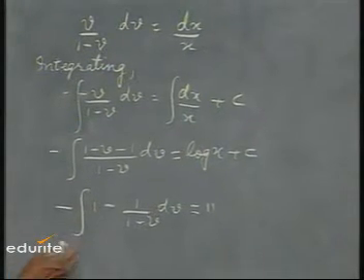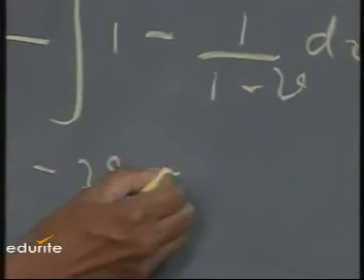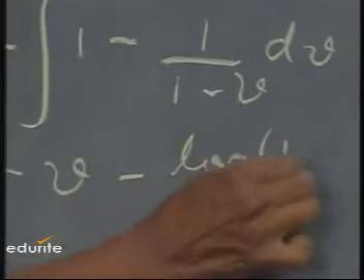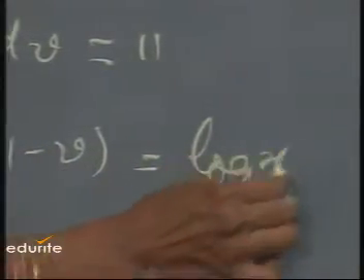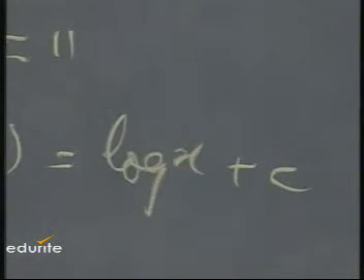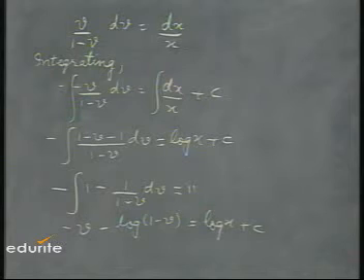Now integrating this, we get minus v. Now the integral of the second term is log 1 minus v, but because there is a minus sign outside, we get minus log 1 minus v equal to log x plus c.